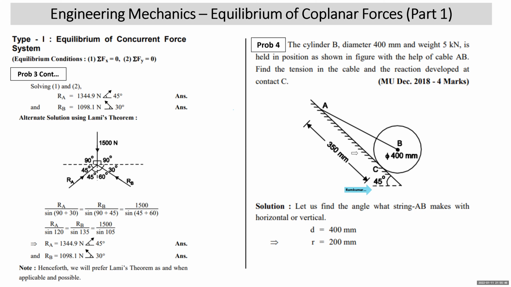FBD of the cable is also not drawn. So obviously, you will be drawing FBD of a circular body, and it is very likely that it will reduce to a concurrent force system. Now, we understand that diameter of this cylinder is 400 mm. So its radius is going to be 200 mm.